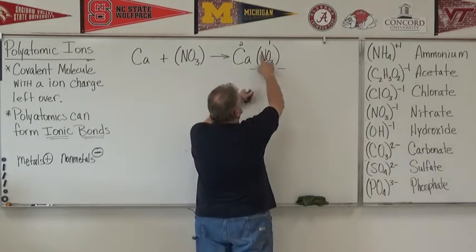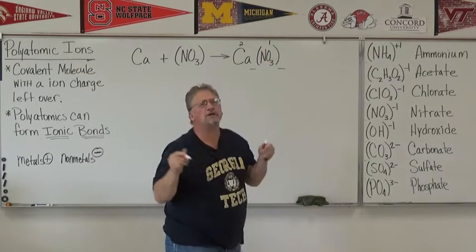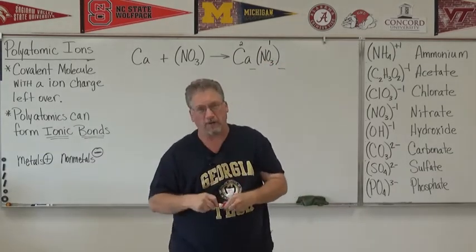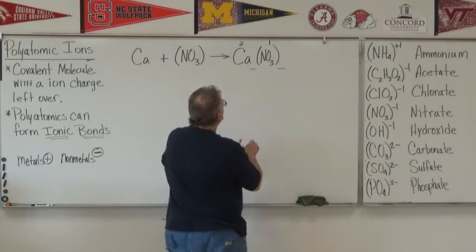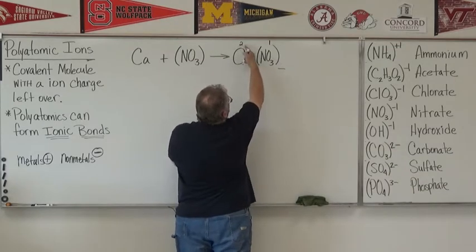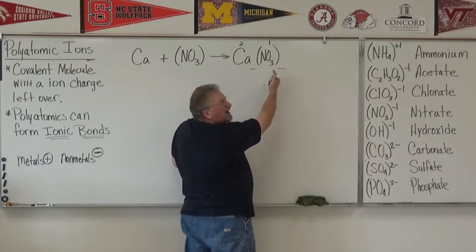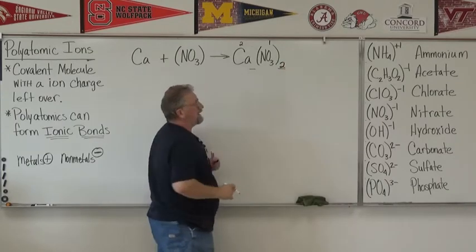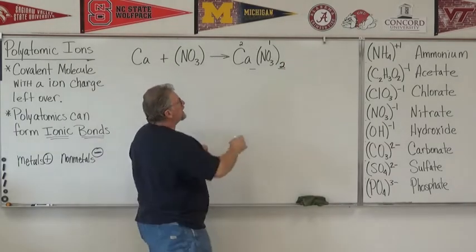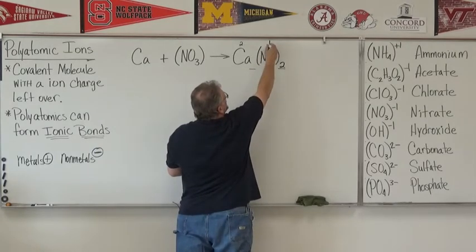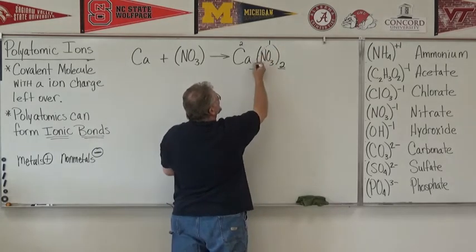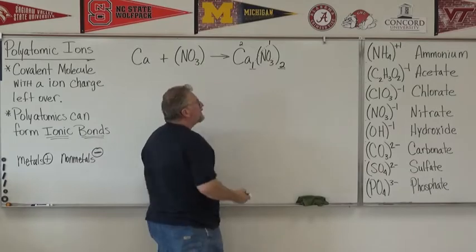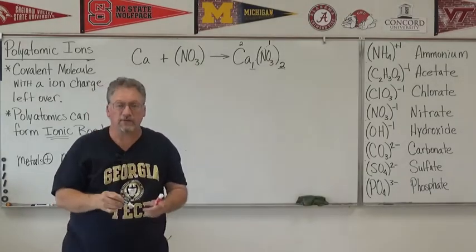You're not going to play with any of this inside here. Do not change it. Okay? Don't mess with it. Leave it alone. So we're going to copy that 2 and bring it over here on the outside of the parentheses. And the 1 right here is going to cross over, and it's going to go right here after the calcium. And I'm done. That's it.